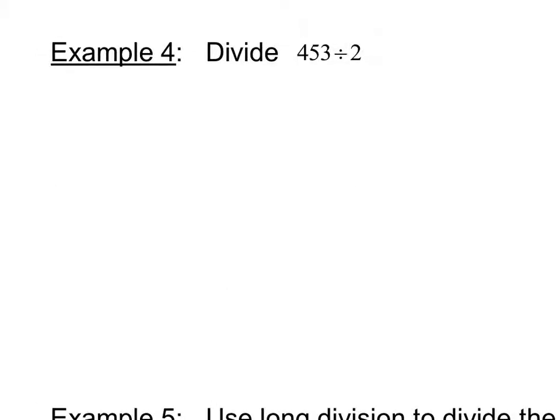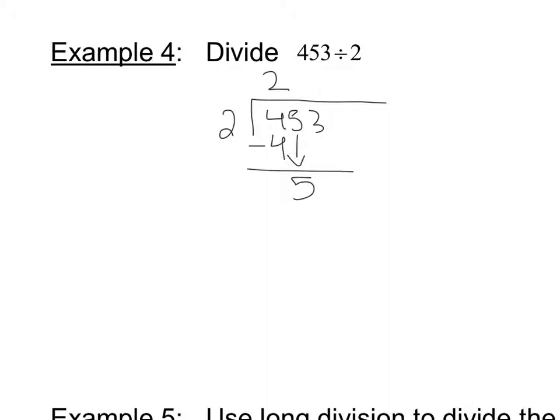Alright, so let's do a quick review of long division. Remember, 453 goes underneath, 2 goes outside. So you have, how many times does 2 go into 4? Twice. Subtract. You get 5. How many times does 2 go into 5?